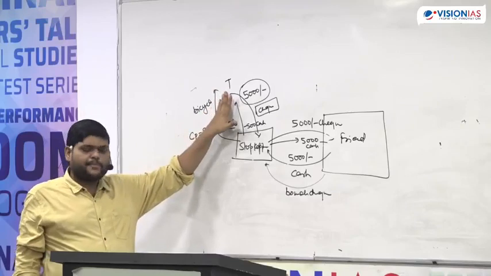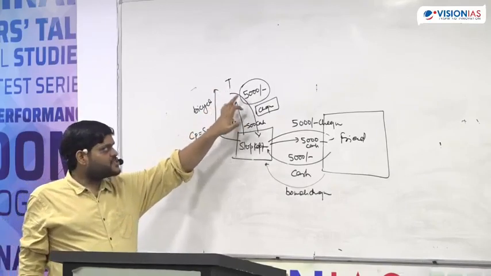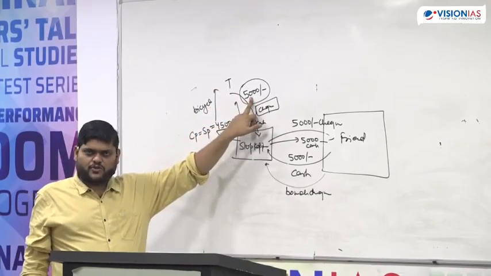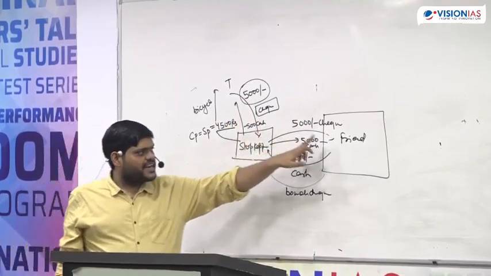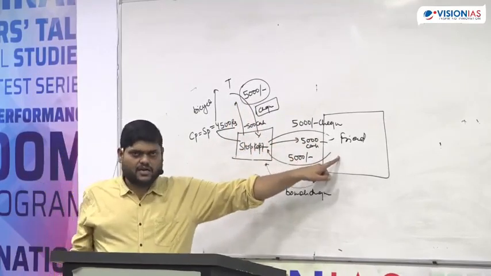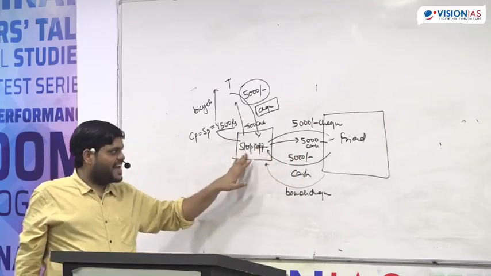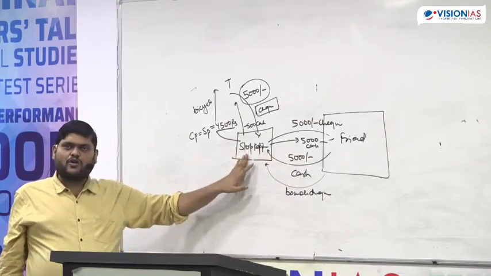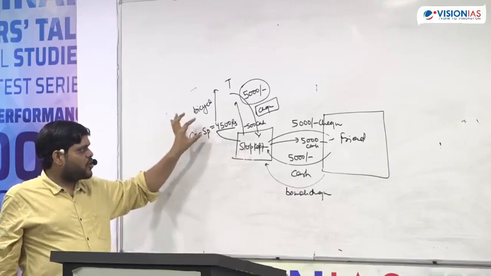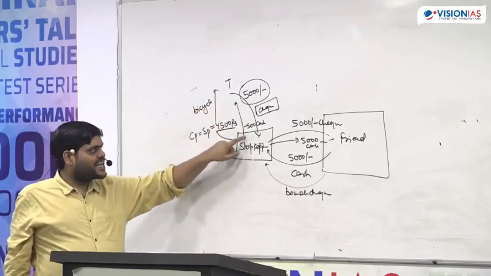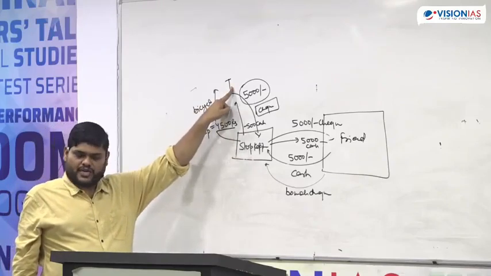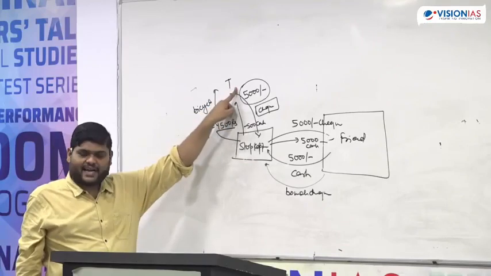A tourist came to buy the bicycle, but he has only a check of 5,000 rupees. He went to his friend, gave the check, took back cash, and with this cash he kept 4,500 rupees, that is the cost of the bicycle, and gave back 500 rupees to the tourist.